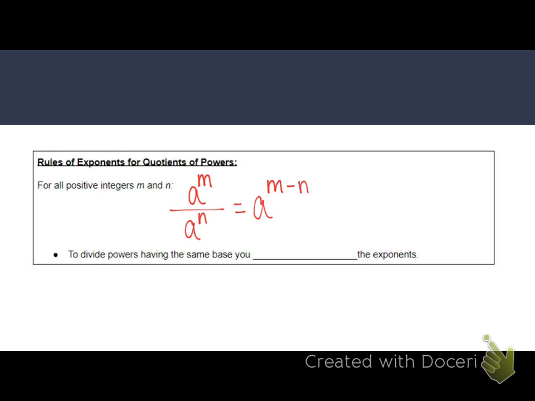To divide powers having the same base, you subtract the exponents. When we multiplied the same base, we added the exponents. If we are dividing the same base, we subtract the exponents.